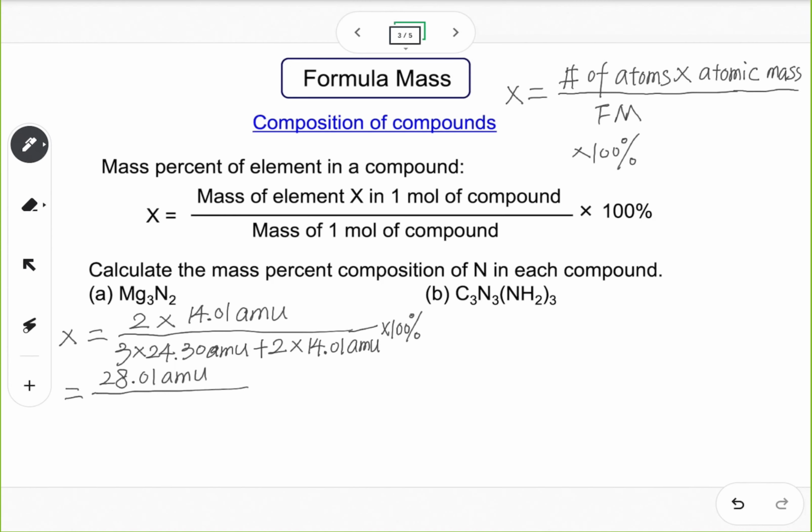At the bottom, if you calculate, that's going to give you 100.92 AMU. Again, please remember, we don't have any measurement for this equation. Everything is a constant, so essentially you don't need to worry about the significant figures.